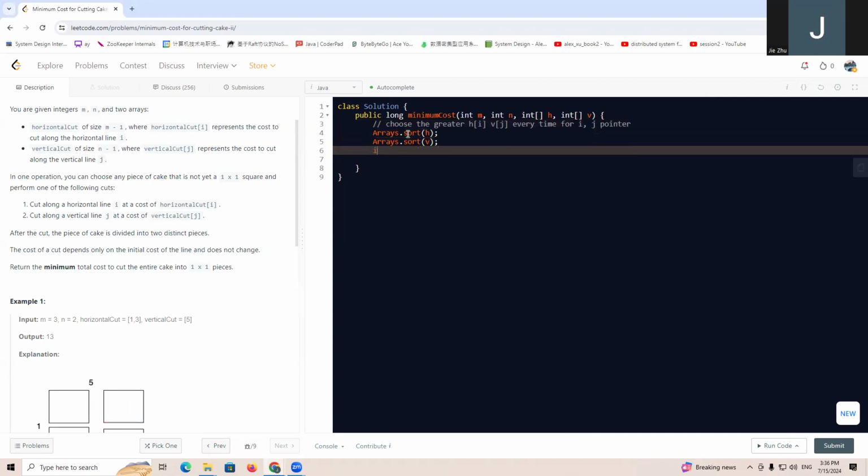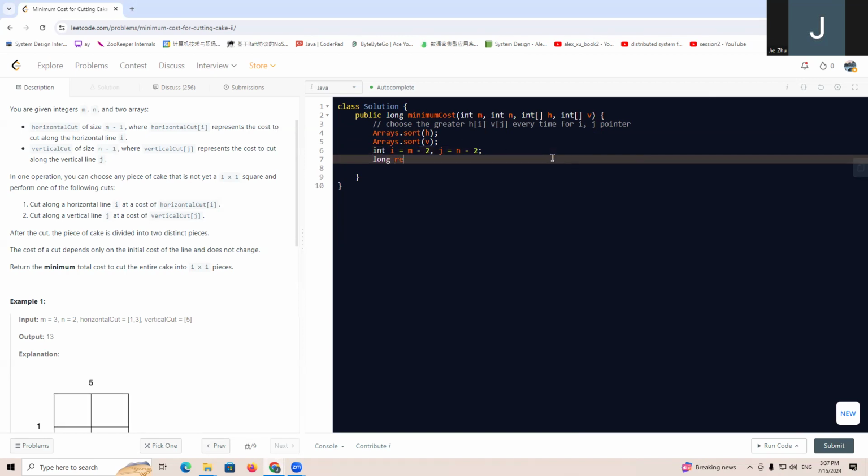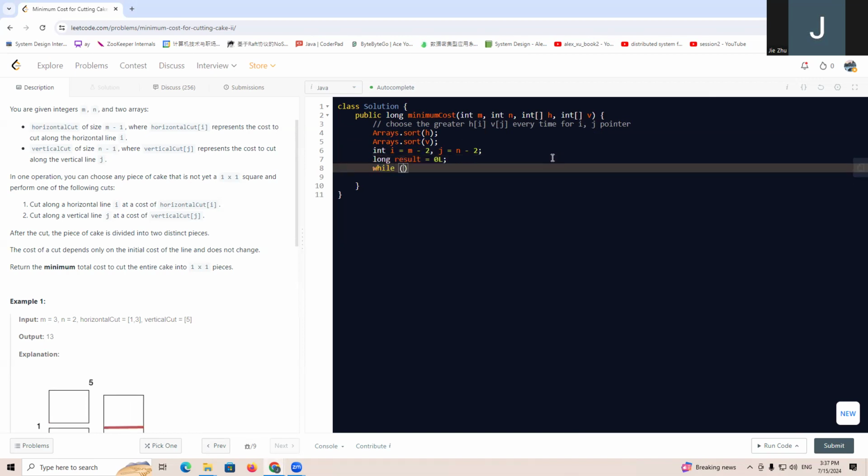So we're going to have int i equals m minus 2, and j equals n minus 2, right? Then we'll have long result equals 0L. So what we do is while i greater or equal to 0 or j greater or equal to 0, right?